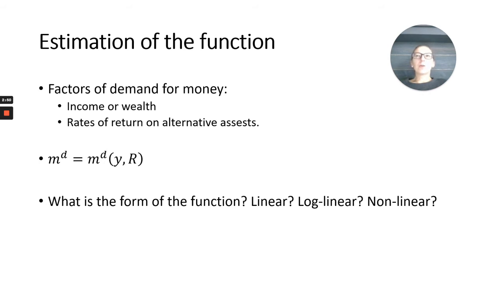Maybe it is quadratic or whatever else. And so how can we know this? This is a very difficult question to answer, but as most of the empirical research methods are linked with the linear functions, we are going to discuss the possibility of a linear function of a demand for money.